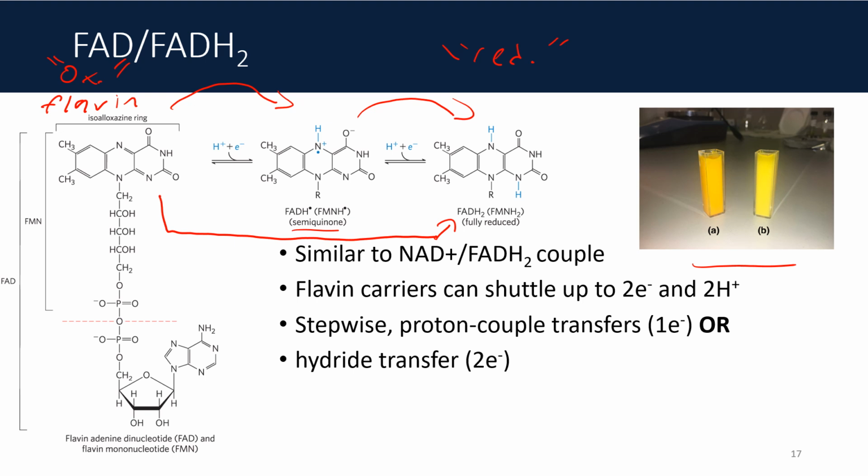And you can see that the bonds we're adding are shown in blue here in the case of the semiquinone radical, and there in the case of FADH2. I don't expect you to know the details of this chemistry, just know that sometimes biology needs to do radical chemistry, and this is how.